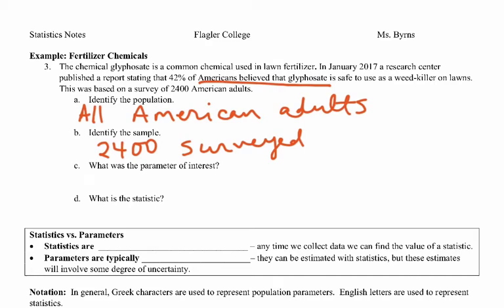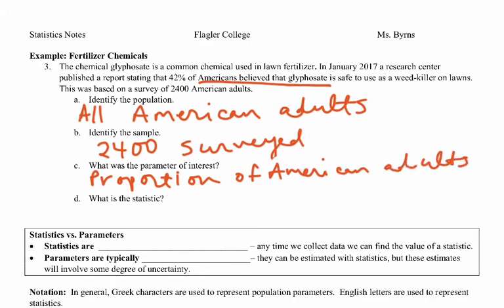The parameter of interest then would have been the proportion. Proportion is a percentage. Keep that in mind. So the proportion of American adults who think what? What was the question? We want to know if they think this was safe.